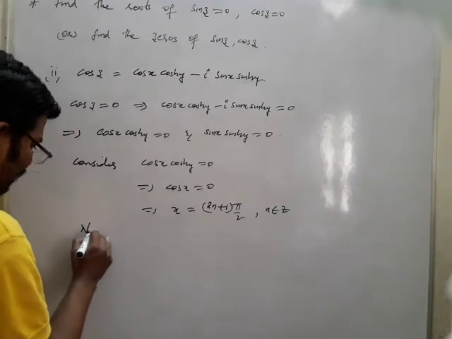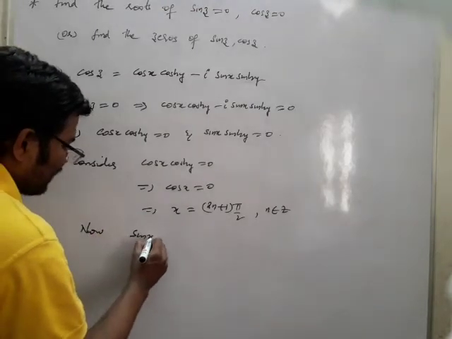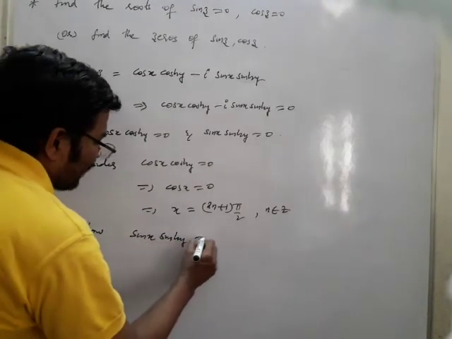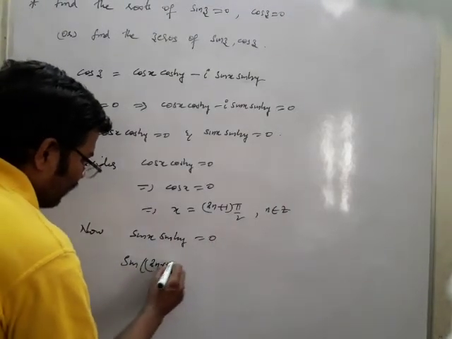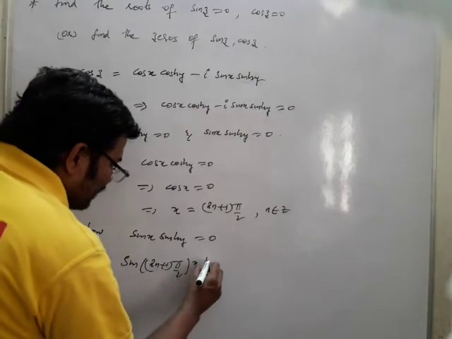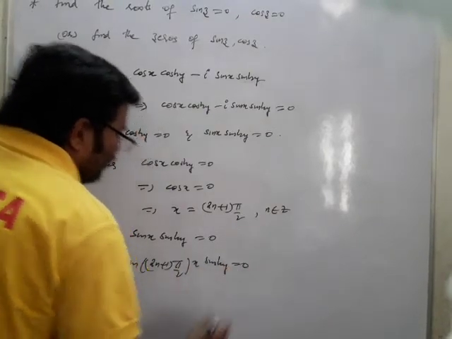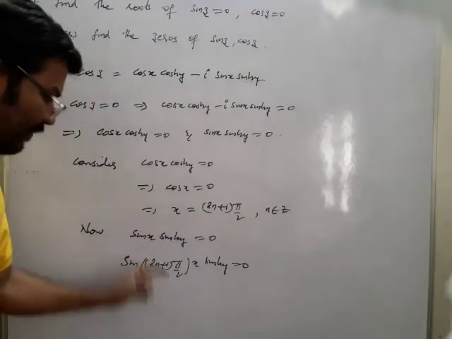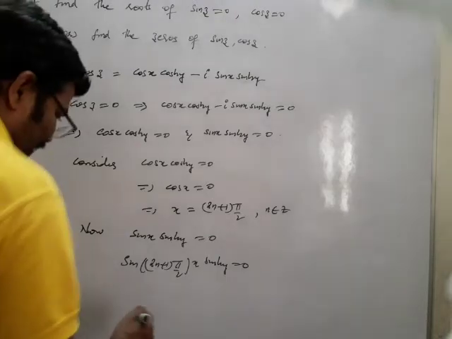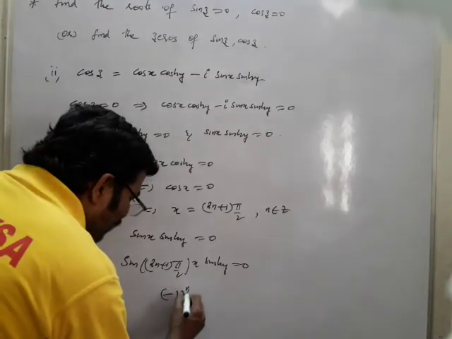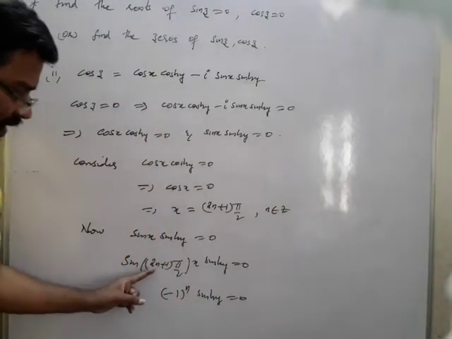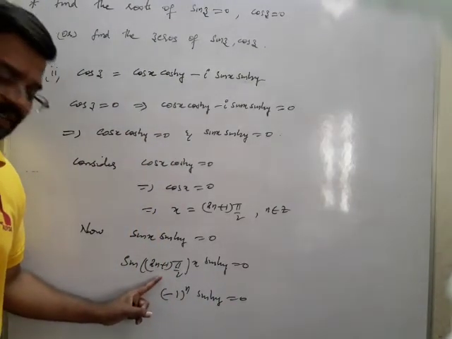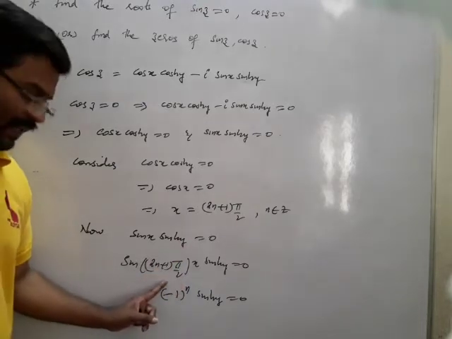Now sin x sinh y equal to 0, sin (2n+1)π/2 into sinh y equal to 0. We got x from here. Now this is, I can say, (-1)^n sinh y equal to 0, because it depends upon the value of n, it will be minus 1 or plus 1.